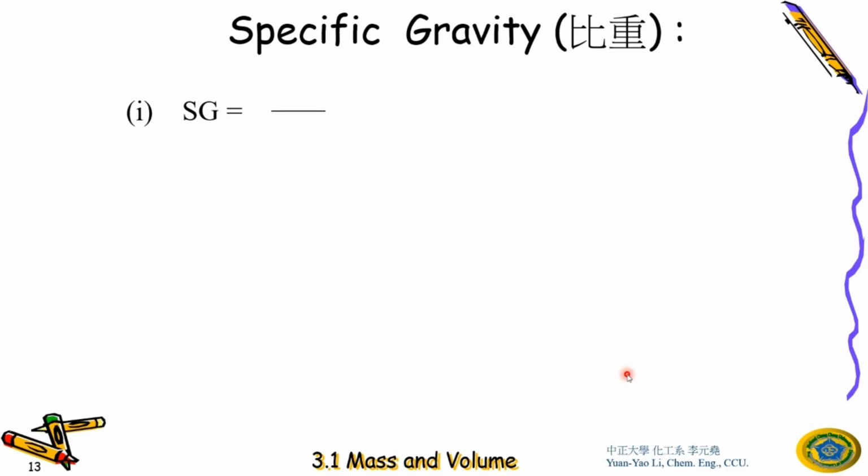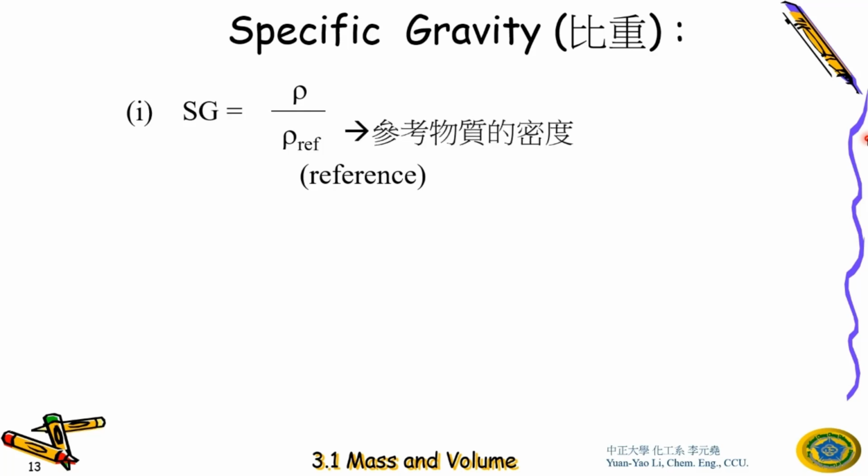Okay, so the next term is called specific gravity. We just learned specific volume, so what's specific gravity? Specific gravity is again a dimensionless quantity, because this density has to be related to another density: density divided by reference density. In a common case, the reference will be water.